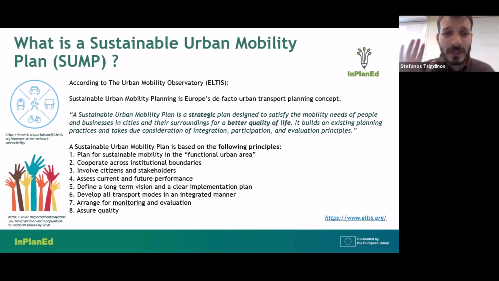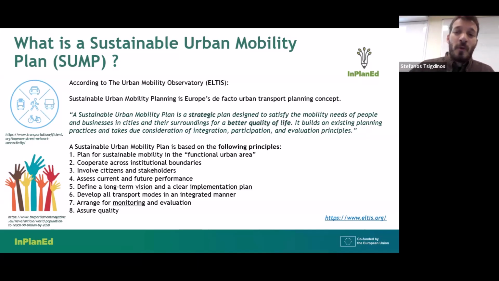So the principles of a sustainable urban mobility plan are the following. We focus on a functional urban area, so we are not so limited by the official boundaries. We are more into exploring the functional area of a city or a town.